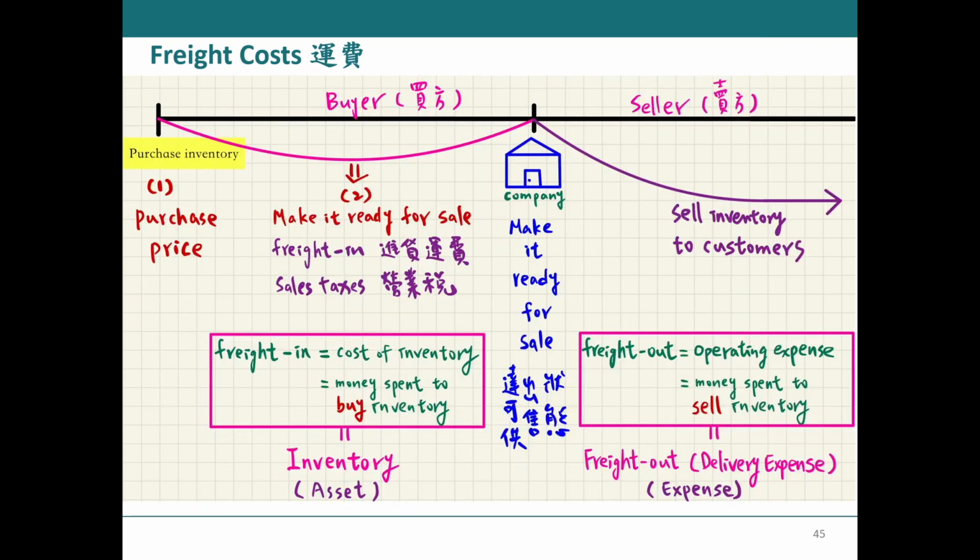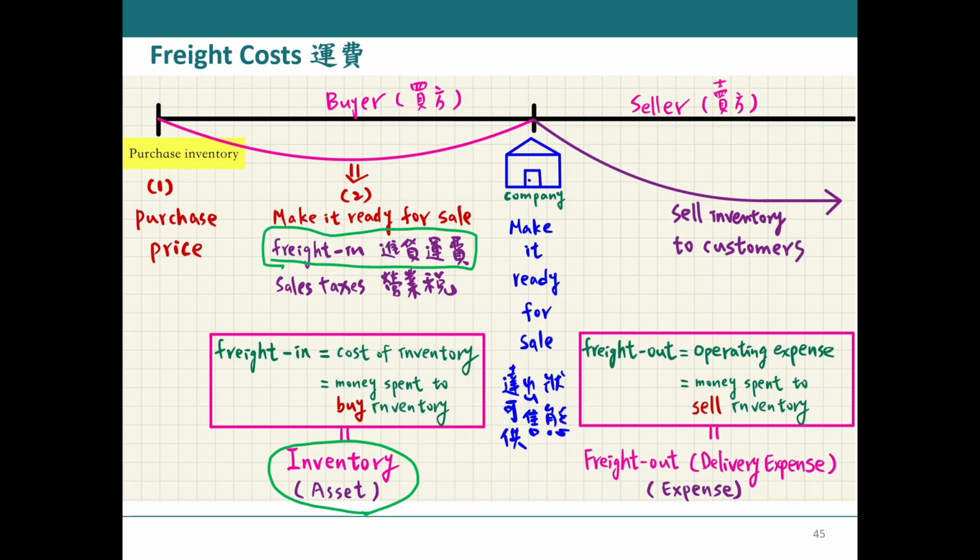So in this figure, it's easier for you to understand. If you are the buyer, when you pay the delivery fee, this kind of delivery fee is our inventory. Inventory is our asset. Why?